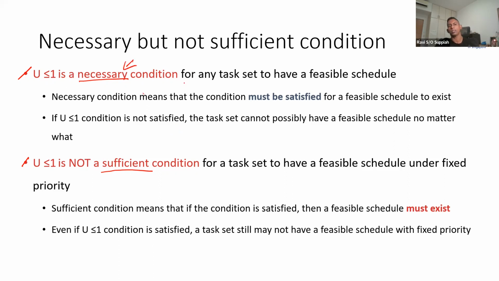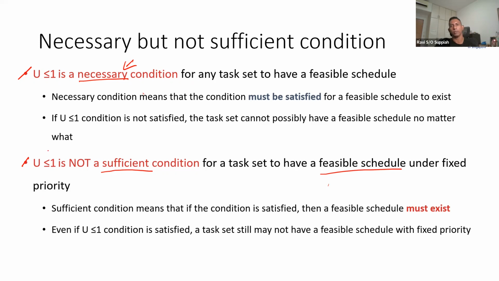But just because it is less than or equal to 1 doesn't mean you can guarantee a feasible schedule. It is not guaranteed. Sufficient means it is enough, but U less than or equal to 1 is not enough to say that a feasible schedule exists.